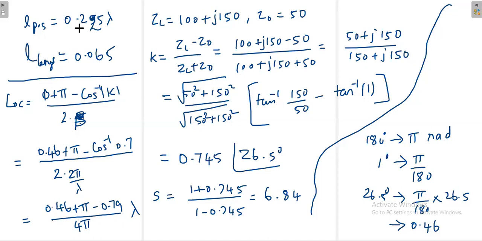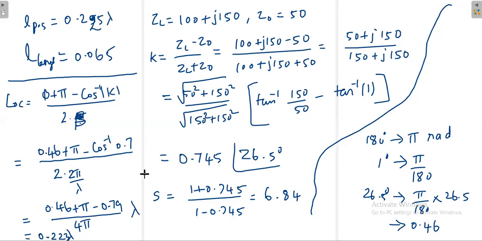Yes, somehow we are getting correct answer. 0.22 lambda. Here 0.225 is expected, and 0.223 is coming. Okay, some misalignment will be there. That's okay, because the first 2 digits are correct.